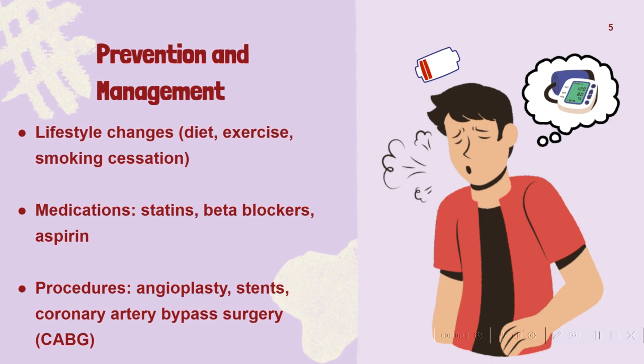Regular physical activity, such as 30 minutes of moderate exercise most days of the week, improves cardiovascular fitness and helps manage weight. Smoking cessation is one of the most critical steps, as tobacco use significantly accelerates atherosclerosis and damages the endothelium. Managing stress, controlling diabetes, and limiting alcohol consumption are also essential components of preventative care.